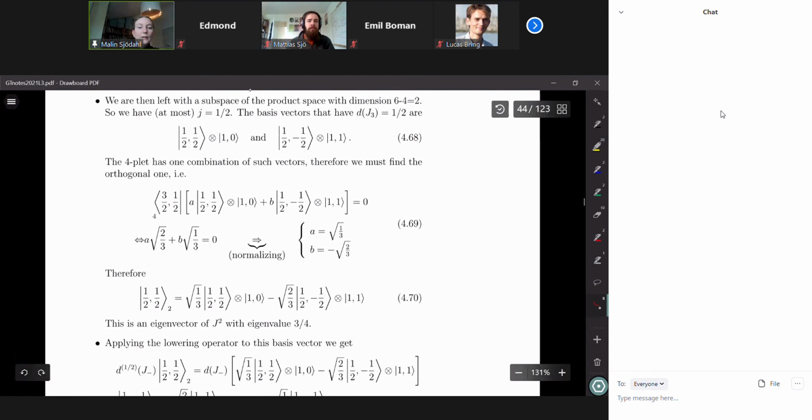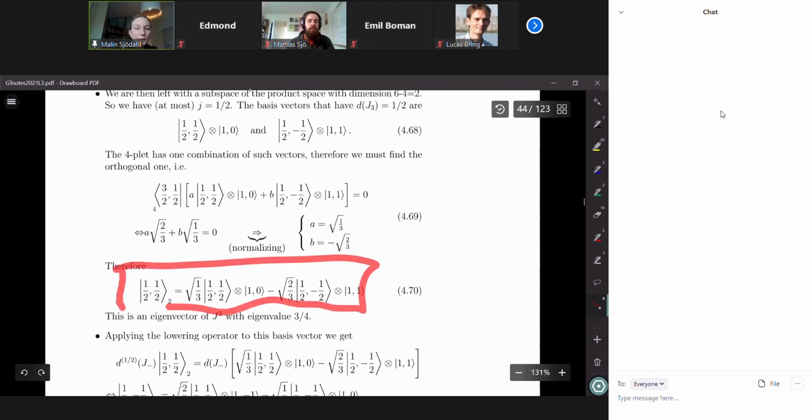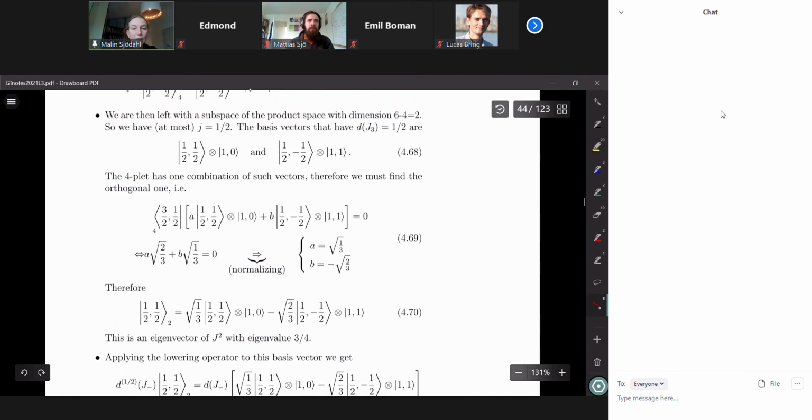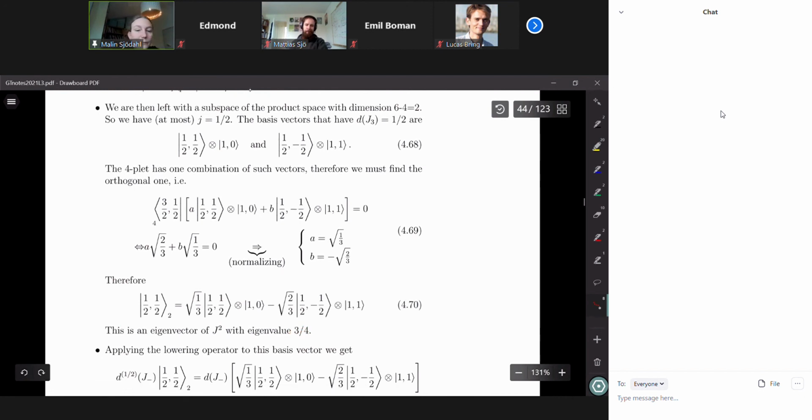Okay, so then we have found one of the states, the 1/2 state, as the orthogonal combination. So it was then this state. And actually, J squared on this state should now be just 3/4, because it should be 1/2 times 1/2 plus 1.